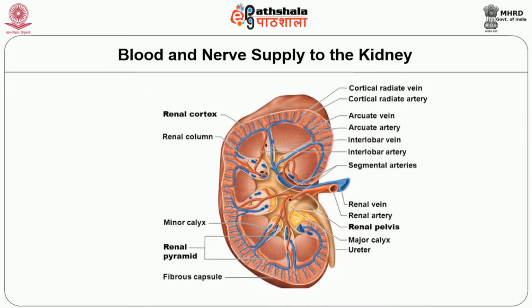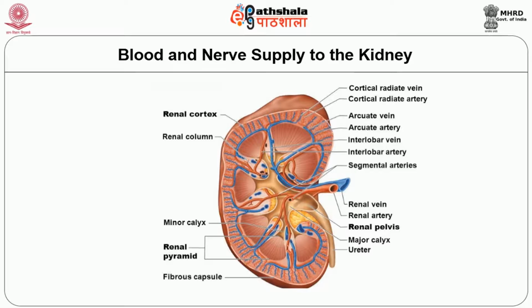The next aspect to be considered is the blood and nerve supply to the kidney. Blood supply to the kidney is through the renal artery and from the kidney through the renal vein. That is, blood supply into the kidney progresses to the cortex through renal arteries to segmental, lobar, interlobar, arcuate and cortical radiate arteries and back to renal veins from cortical radiate, arcuate and interlobar veins.